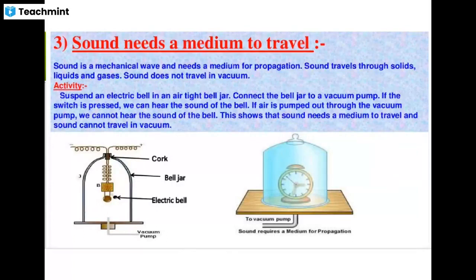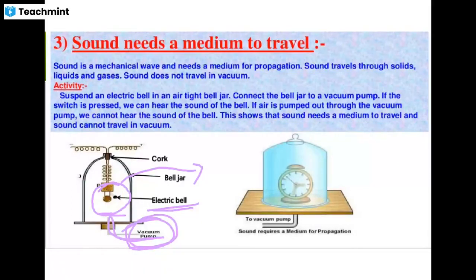Then see the vacuum pump. Using that vacuum pump, all the air is removed. When you send the signals to this electric bell, it will vibrate, but you will not be able to hear the sound produced.